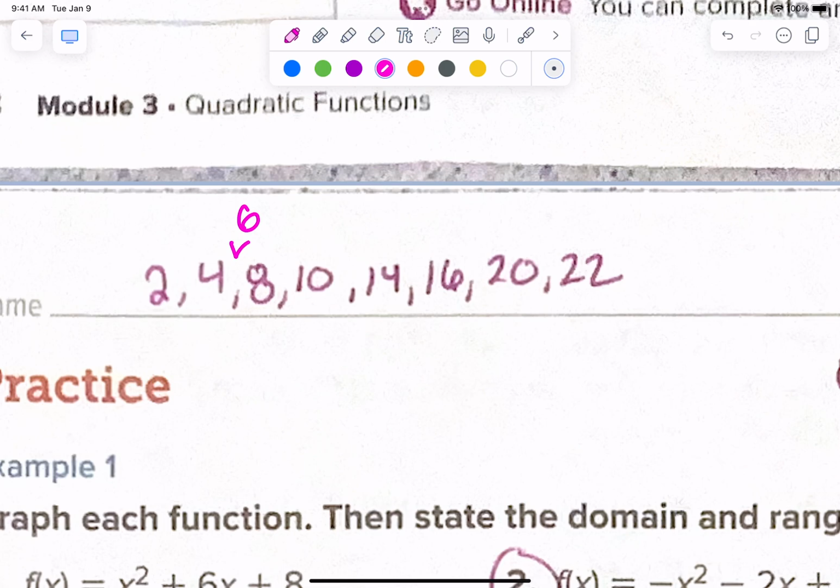All of you, get some graph paper. Okay, Carson, you want some graph paper?